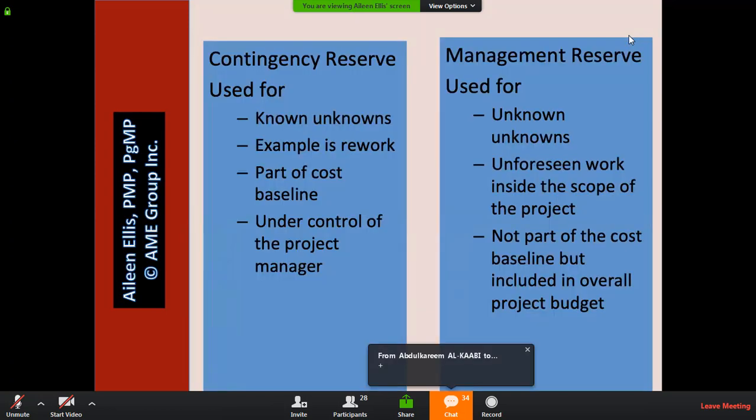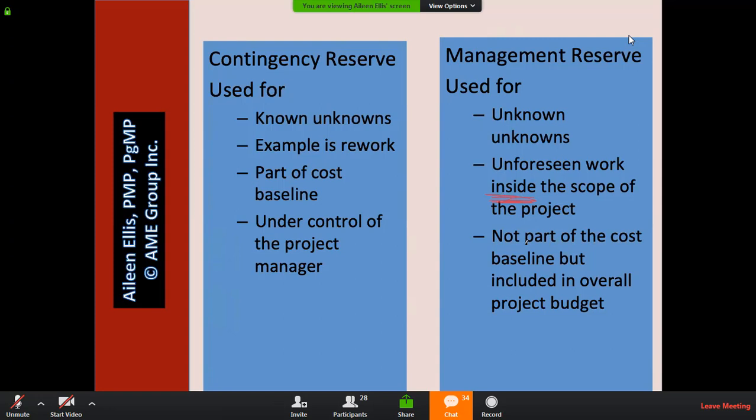So for the exam, it's important to know contingency reserve is for known unknowns, management reserve for unknown unknowns, and then important with management reserve, it's for unforeseen work inside the scope.